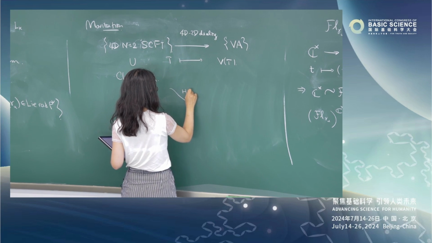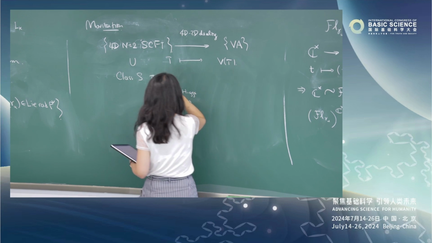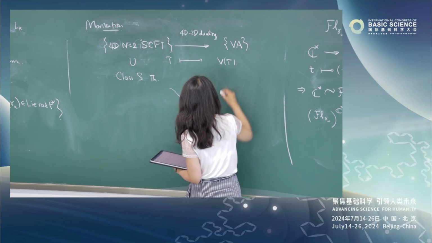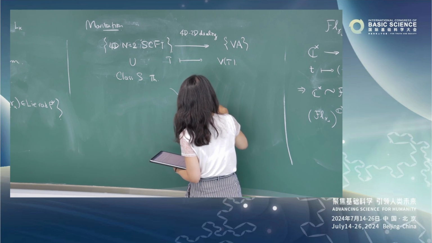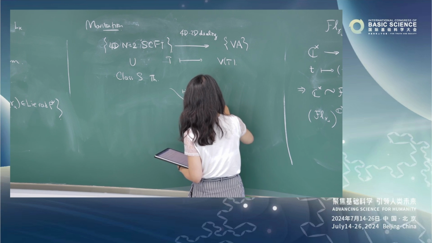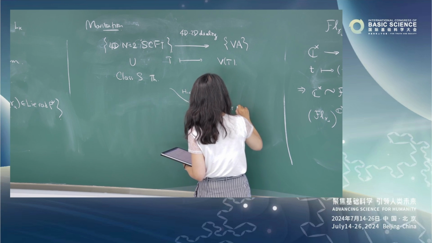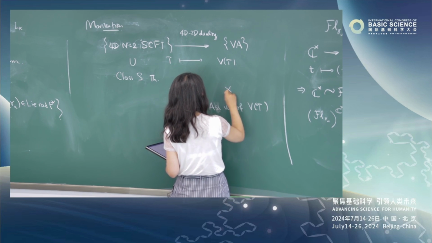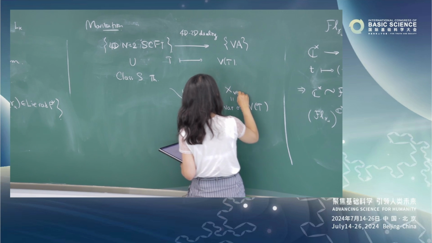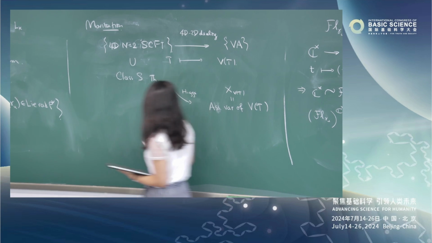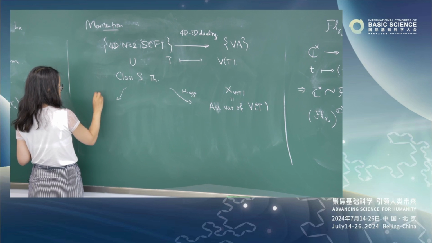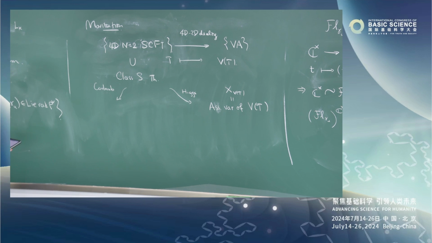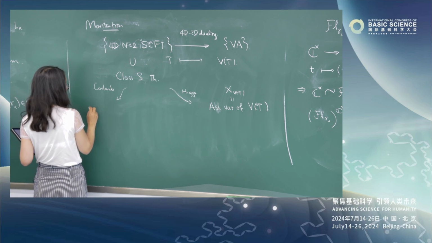there's a conjecture, proved in some special cases by Arakawa, that the Higgs branch is given by the associated variety of this vertex algebra. Let me just denote it by X of V_T. And then the Coulomb branch in this case is given by some Hitchin moduli spaces.